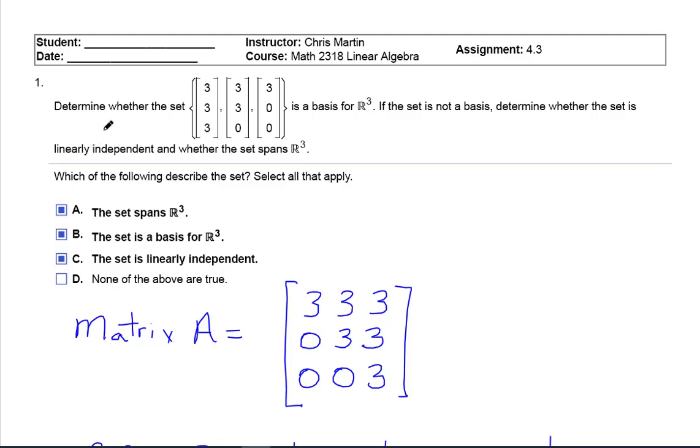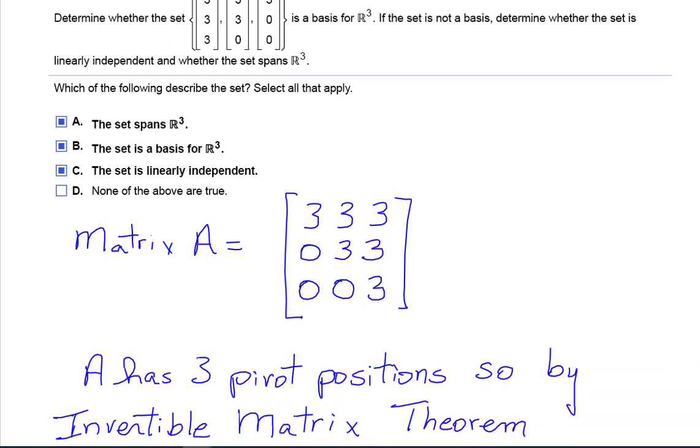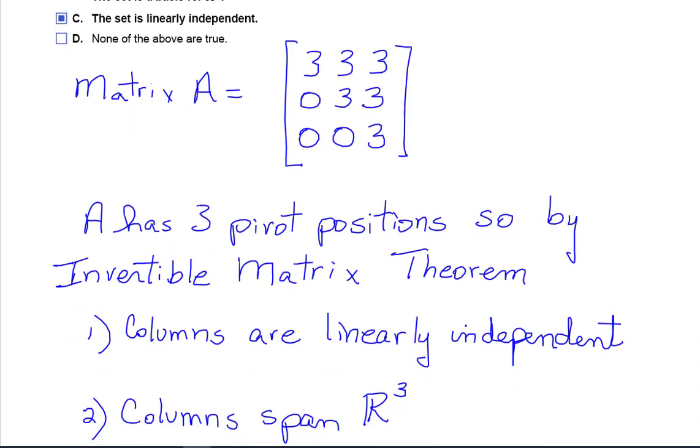In this particular question 1, we are given three vectors. We want to know if these three vectors form a basis for R3. So, put them in a matrix A, and let's see what we see about this matrix. Well, the matrix A has a pivot position in each of its columns.